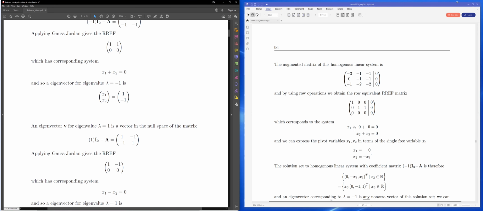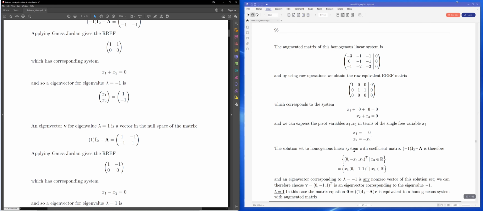Now to get the solutions for the system, you do it in your normal way, where you express your pivot variables in terms of your free variable, like I did over here. Here what I have is that x1 is equal to 0, x2 is equal to minus x3, and x3 is equal to itself. Here I can factor out the x3. This is a column vector, note the transpose over here.